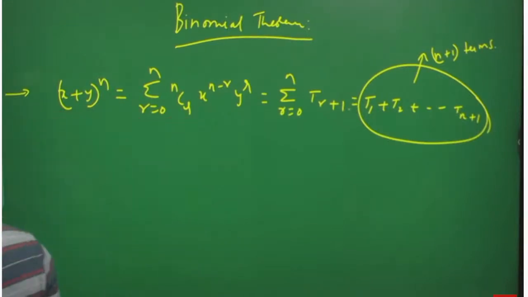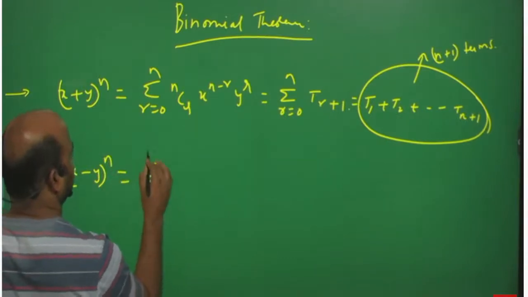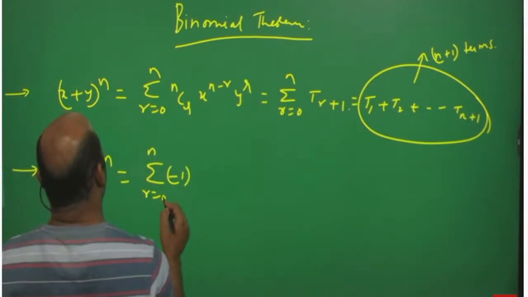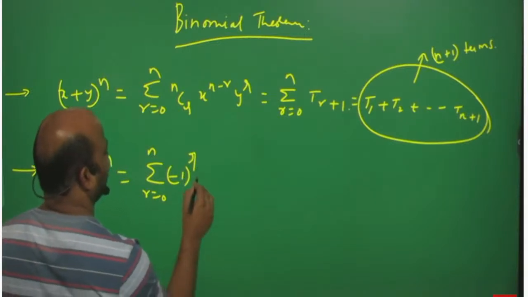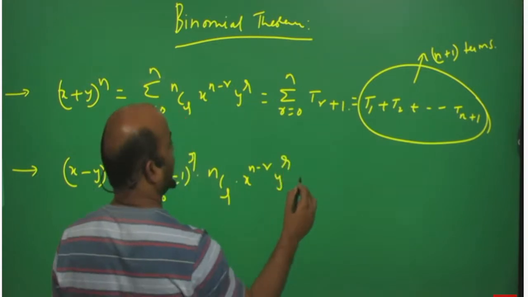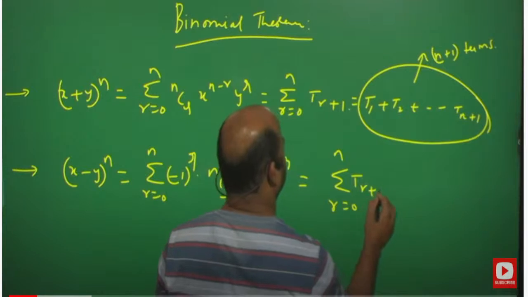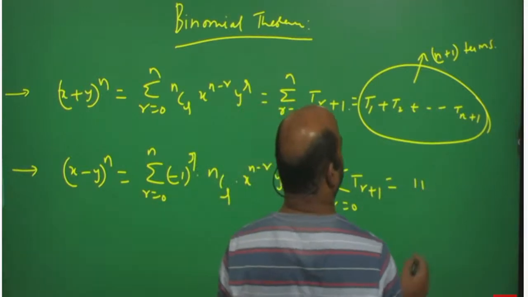Now when I replace y with minus y, what will I get, do you know? Similarly, you will get (-1)^r into nCr into x^(n-r) into y^r. So you can write it as sigma r equal to 0 to n T(r+1).